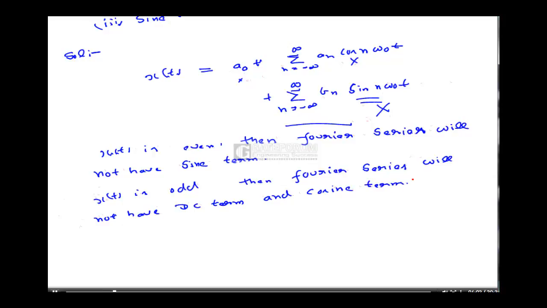So I think this problem is clear. Since it is an even function of time, it will not contain sine terms. Otherwise, both cos term as well as DC term will be present.